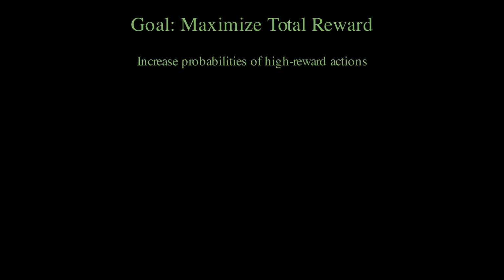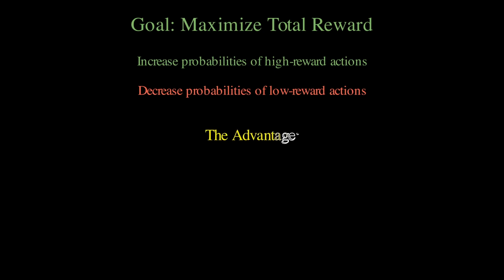That is, we want to increase the probabilities of the actions that yield high rewards and lower the probabilities of the actions that yield lower rewards. To do this, we normally calculate how much better an action is compared to the average. That is called the advantage, and we will showcase how to calculate it later.